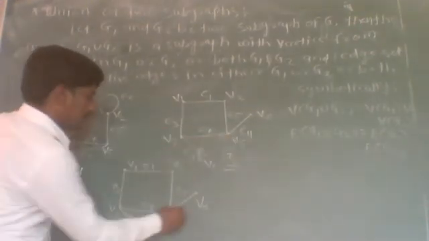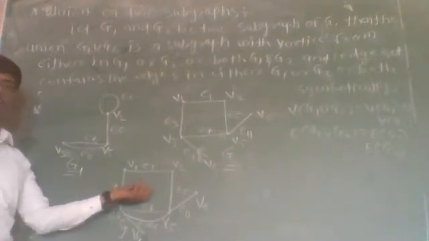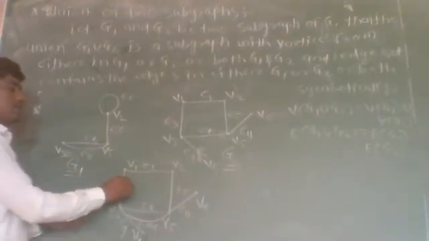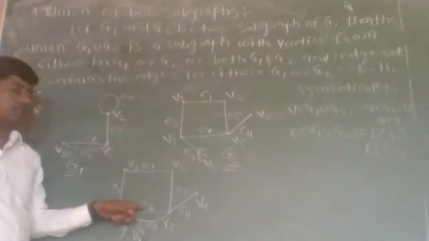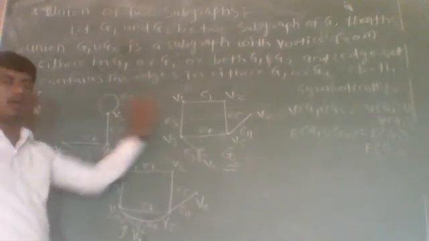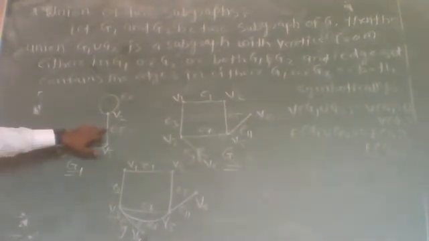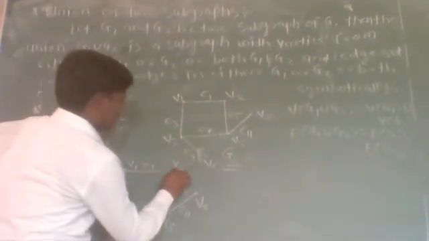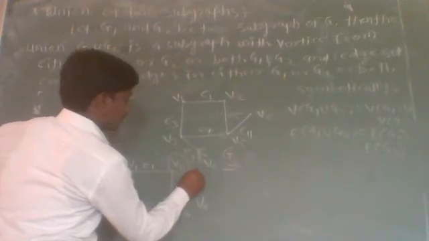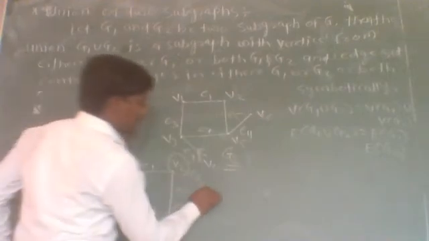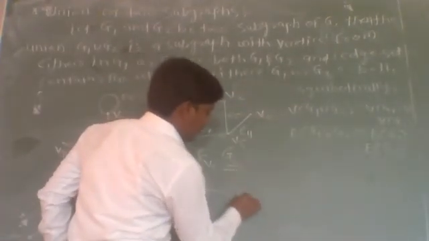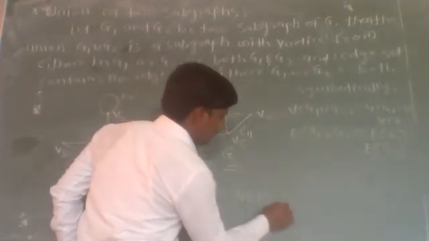And E11 is again in G2. So this one is the subgraph G1 union G2, which contains the vertices from G1 and G2, and the edge set contains all those edges which are either in G1 or G2. So this one is the graph G1 union G2.